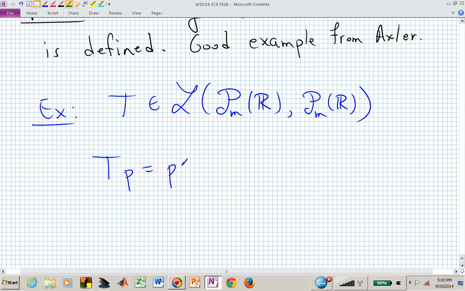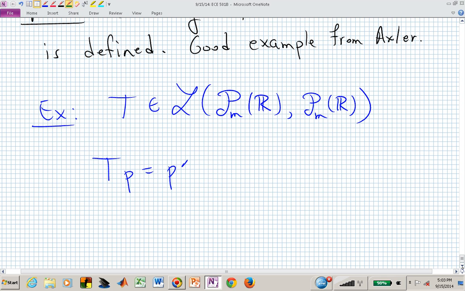So the comment was it depends critically on the order of the polynomial, of the domain and the codomain, as to whether or not this map is or is not surjective.